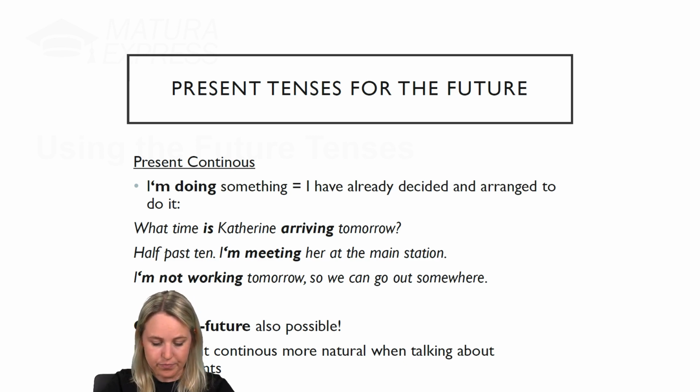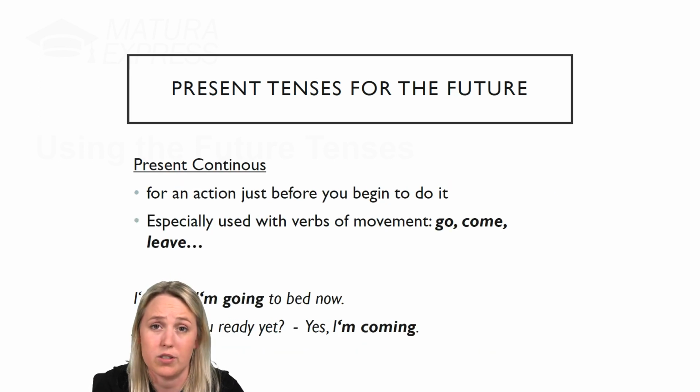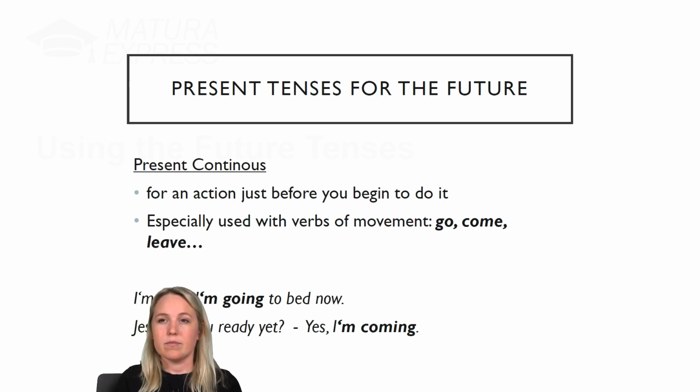But the present continuous seems just more natural when talking about arrangements. So that's just the go-to tense when you talk about arrangements. But it's not wrong if you take the going to future. Good.